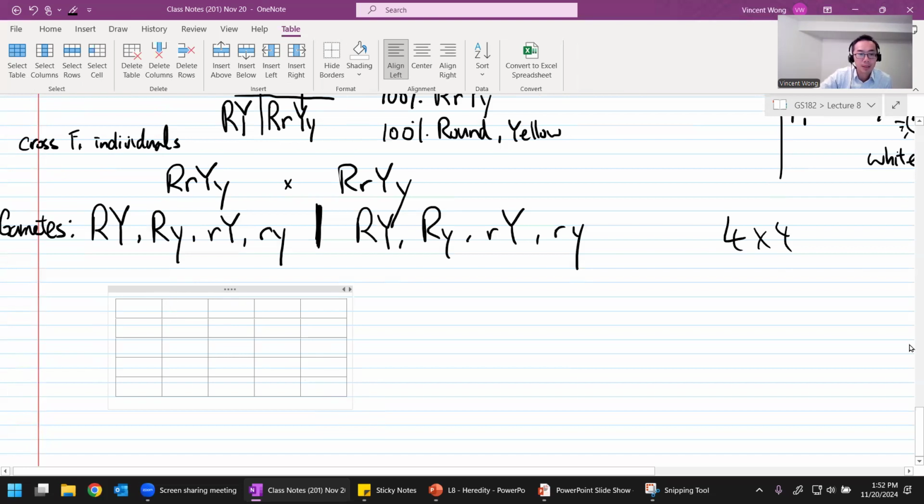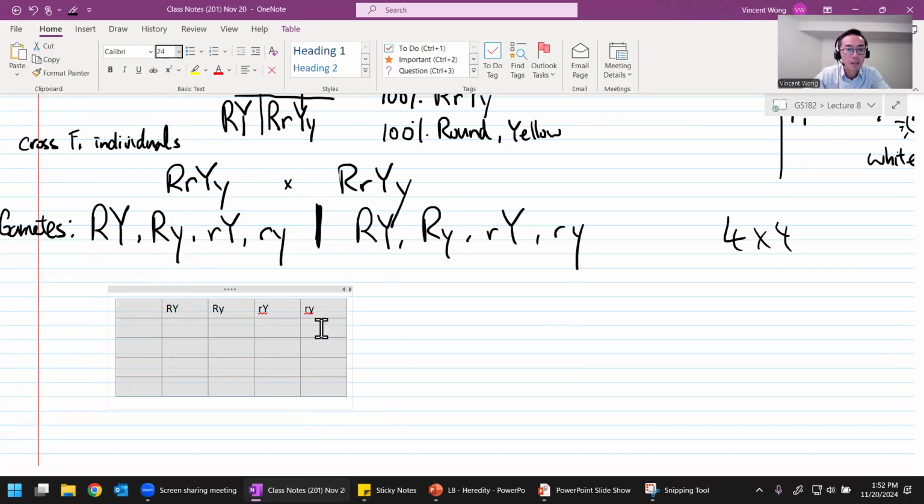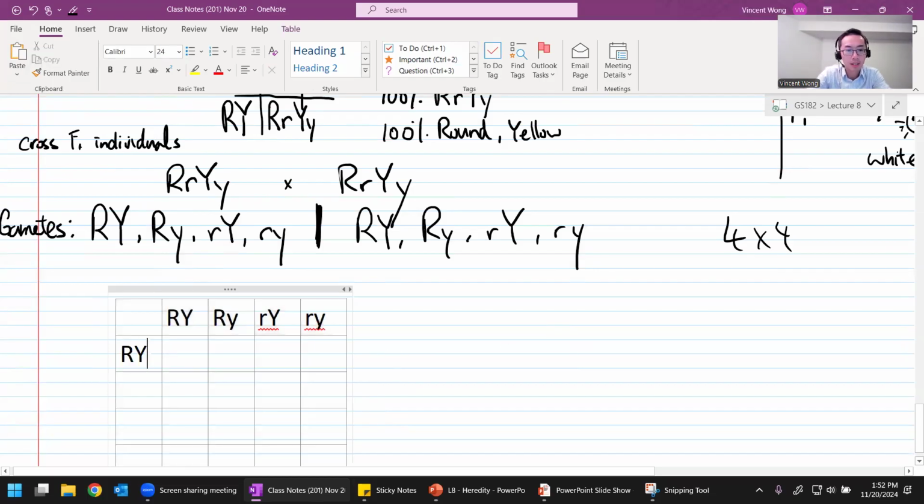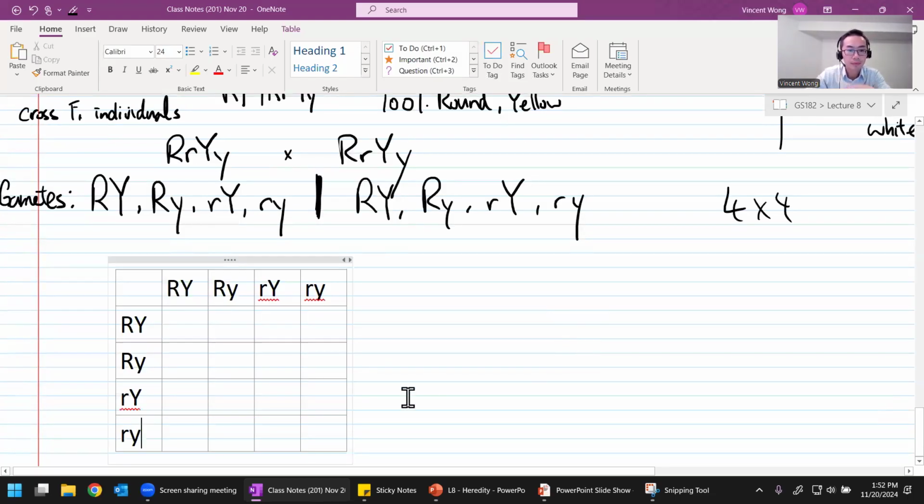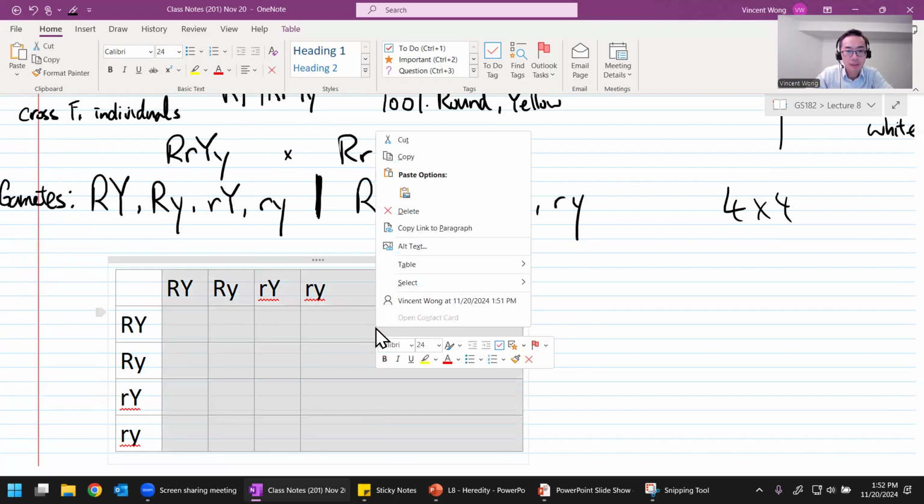Okay, so I'm gonna put the letters here. It's messy if I write it, so I'm just gonna type it out. R big Y. And let me see if I can make it bigger. Okay, and then same thing on the side, right? So please try to make the same table for yourself.